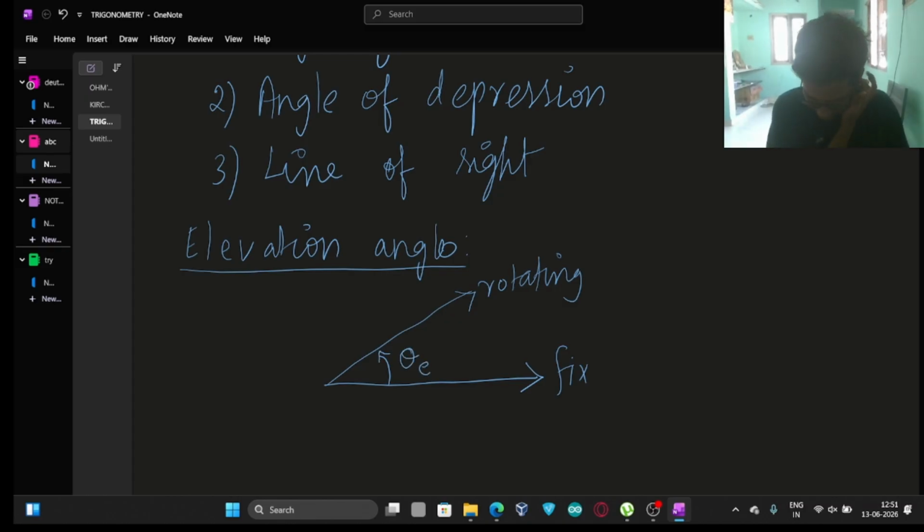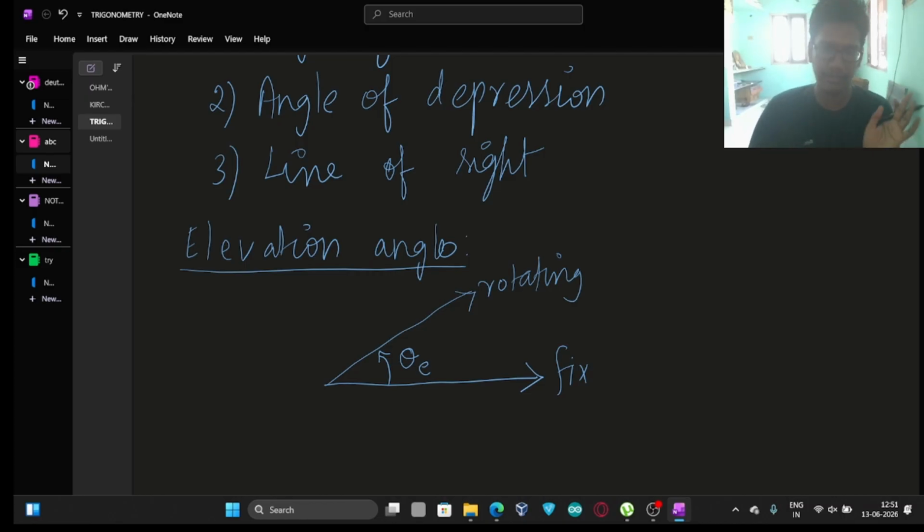So angle of elevation is with respect to a fixed ray: if the rotating ray is above the fixed ray, the angle is in the range 0 degree to 180 degree.